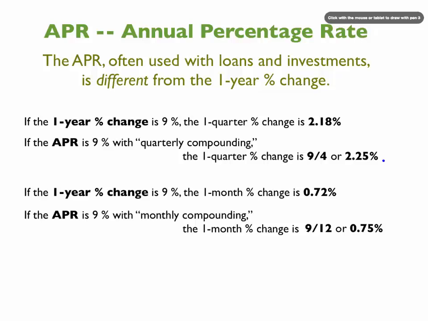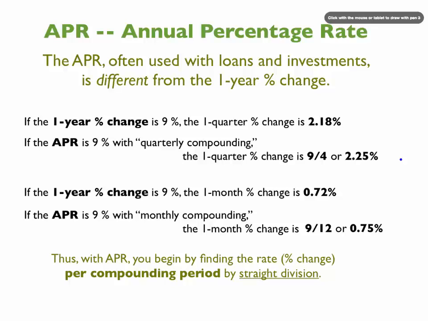It depends what we're doing. Are we investing our money? Then it's good. We're getting a higher percent every quarter. Or are we taking out a loan? Then it's bad. We're paying a higher percentage. So it depends on your situation.